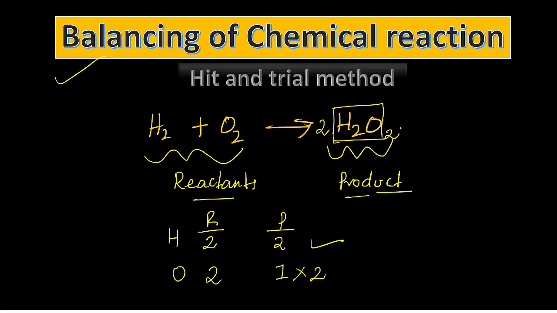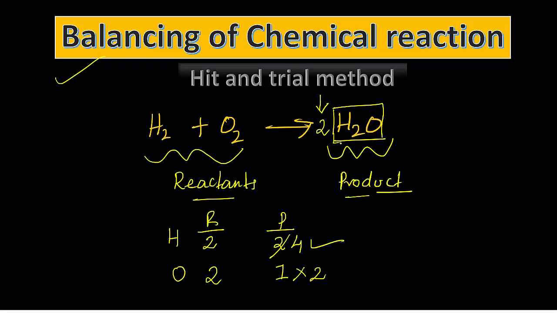That means we cannot place 2 in this position. So as I have placed 2 before the H2O molecule, the number of hydrogen atoms is now increased on the product side. So what is the number of hydrogen atoms in the product side? This is equal to 4 now.